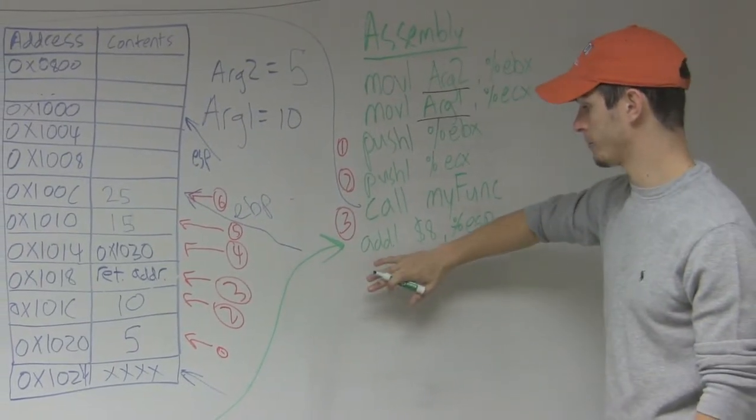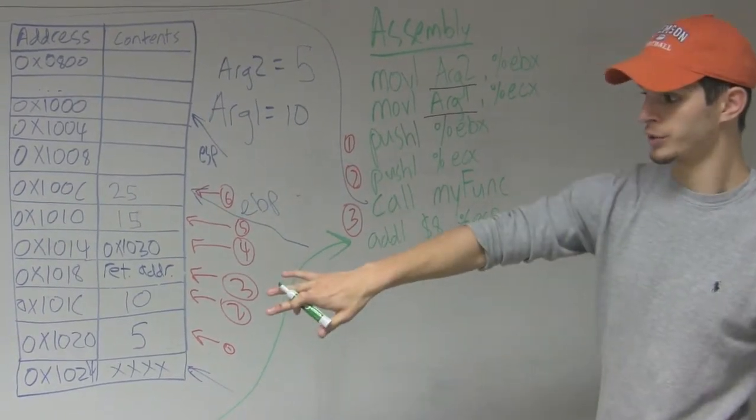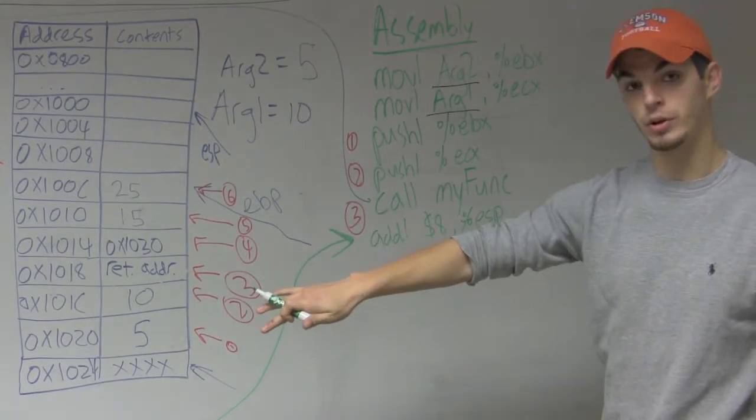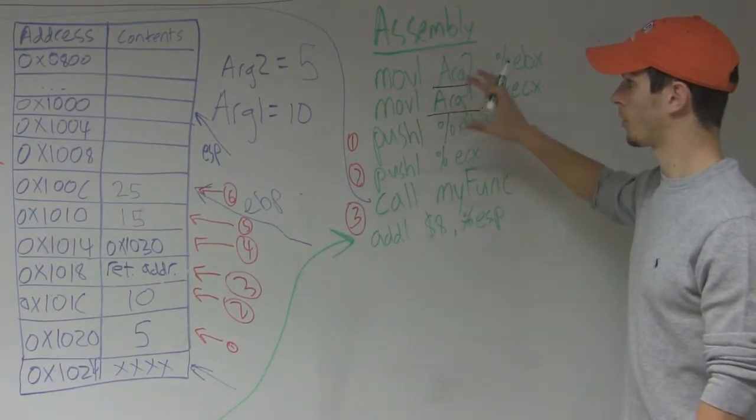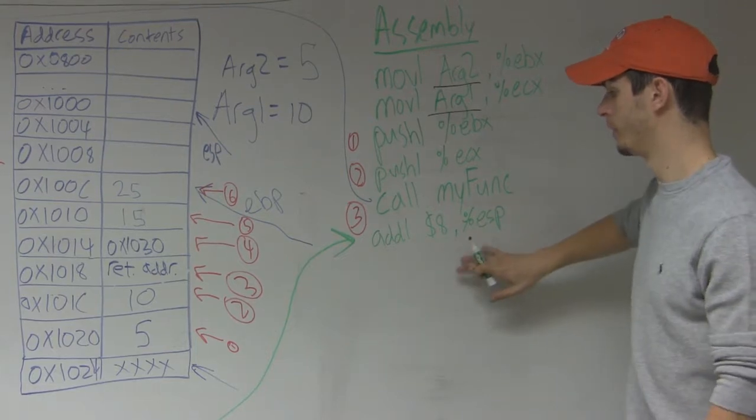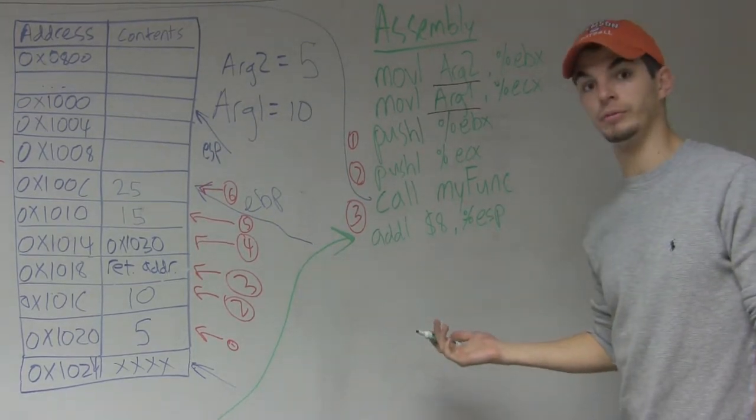So now that we have restored the space for the local variables of the callee function in the epilogue, as well as the variables in the caller function right here, we are now complete.